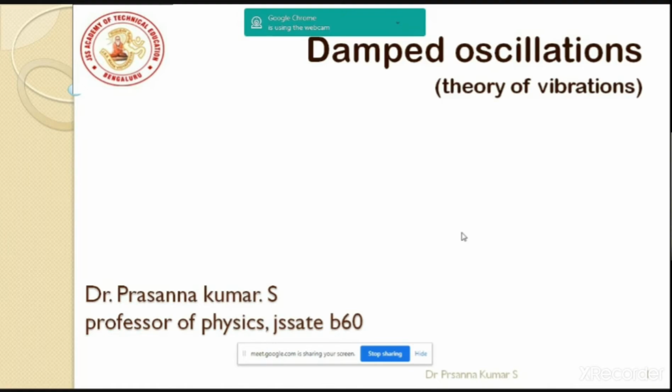As the bob swings, in each cycle of oscillation, it is dissipating energy into the surrounding medium. Therefore, slowly the energy is dissipated, and finally, over a certain length of time, the entire energy is lost into the resistive medium.